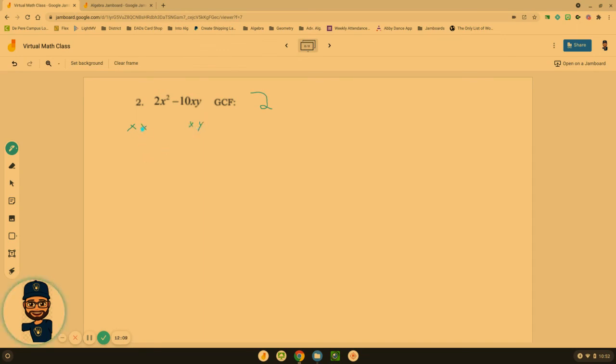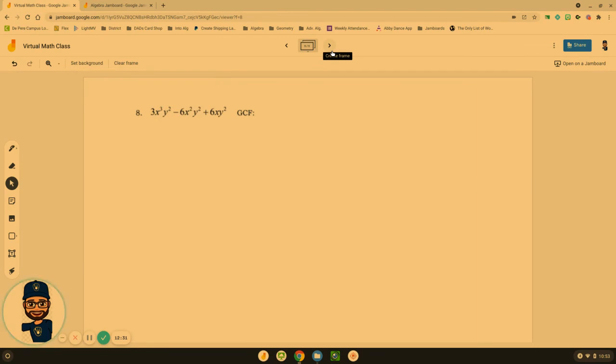If I look at what they have in common, they both only have an x. So I would say that part of the GCF is an x. We don't list the y because the first term didn't have a y. We just list what they have in common.